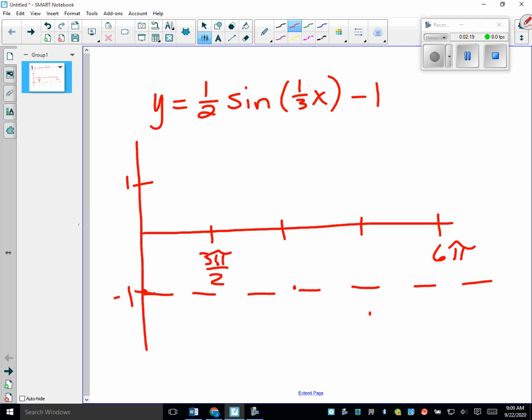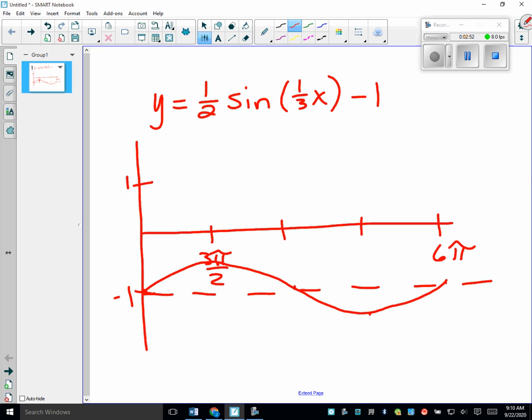And then back to 0. Right? Yeah. So the graph looks like this. And you don't have to have this dotted line here. If it helps you, put it; if it doesn't help you, don't put it. I want everybody to see where the middle is. All right, does that make sense?